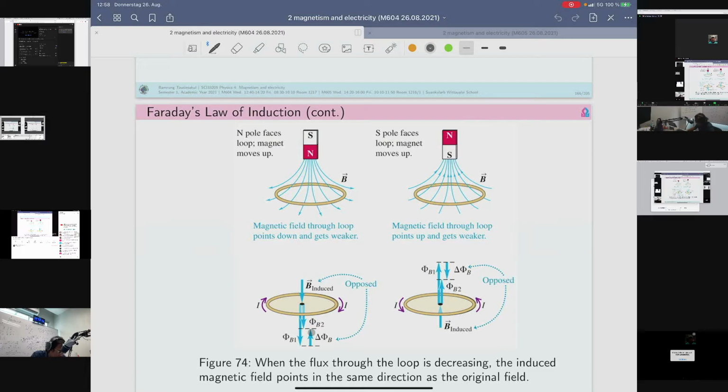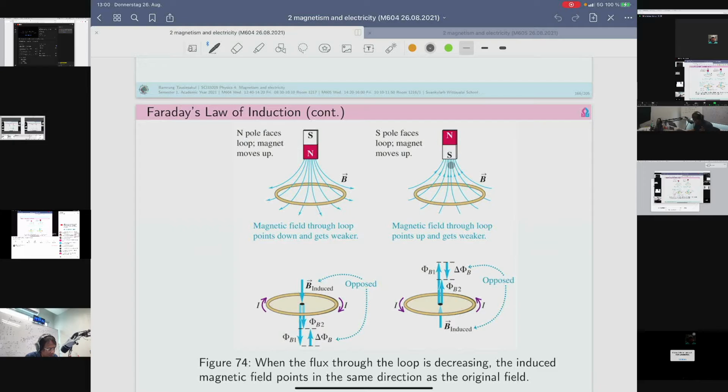Now let's consider the situation when we move the south pole of the permanent magnet out of the conductor. Before that, we get a quite strong magnetic field with upward direction, and when we move the permanent magnet out of this conductor, we get a lighter magnetic field, or a smaller amount of magnetic field lines.